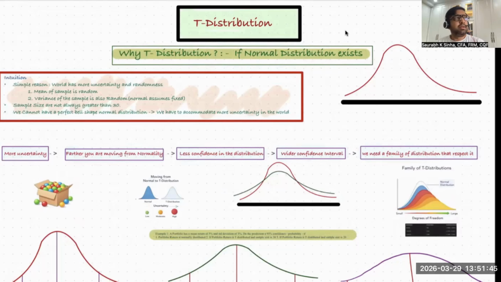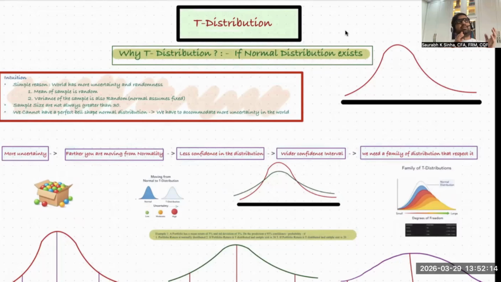See, the only problem with the normal distribution is that, first of all, it is too perfect. And the second is that it neglects certain randomness of this world. It neglects the uncertainty of the world. So the prediction that comes out of the normal distribution is simpler, easier, and also perfect.